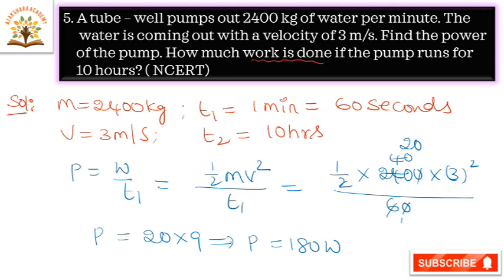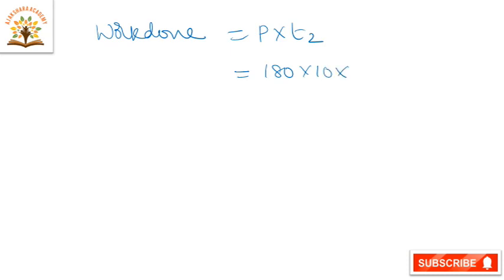Now we are calculating work done. Work done is equal to P into T2. So 180 into 10 hours. Hours we are converting into seconds.